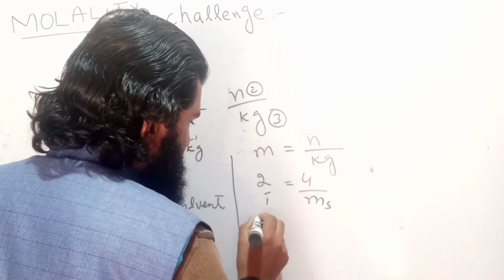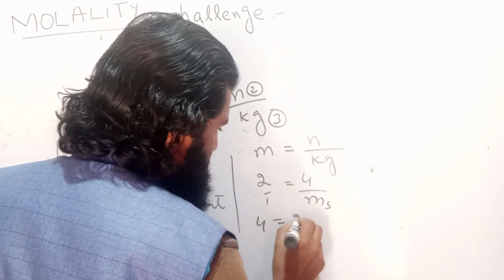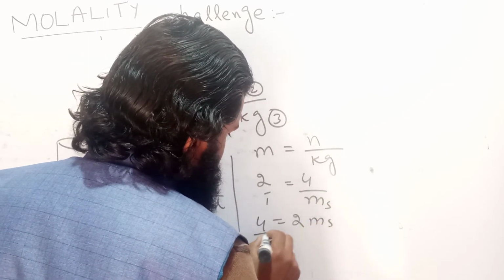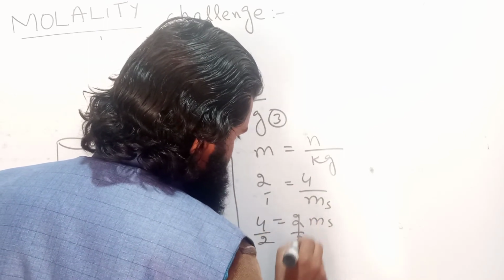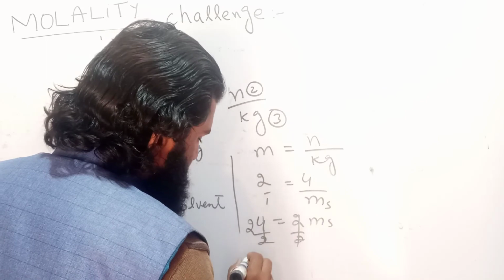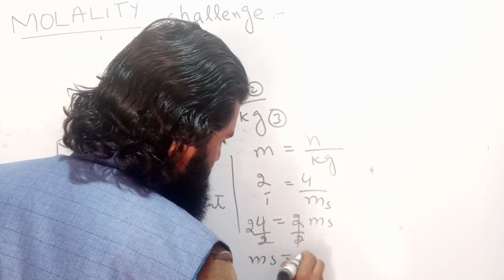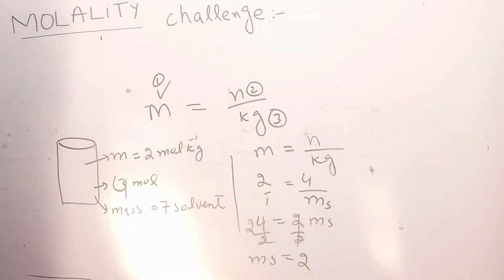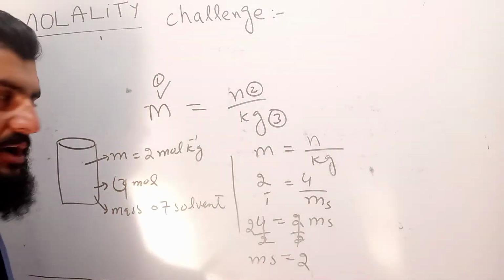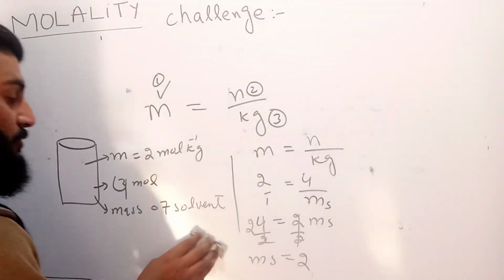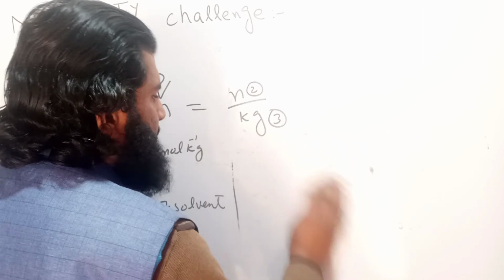So by cross multiplication, 4 is equal to 2 into mass of solvent. Divide both sides by 2, 2 and 2 cancel, so mass of solvent is equal to 2.